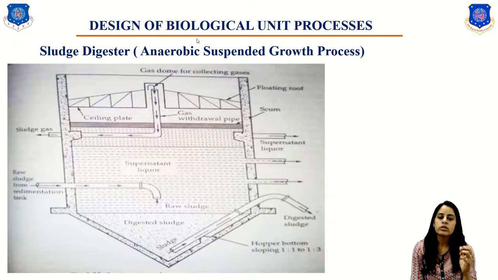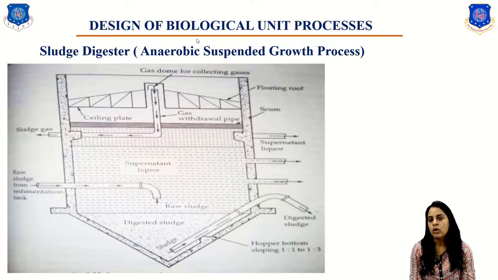The function of this sludge digester is to convert the solids of the sludge into simple biologically non-degradable solids under anaerobic conditions. As the sludge digester deals with the primary and the secondary sludge, it is also called a sludge treatment unit, right?